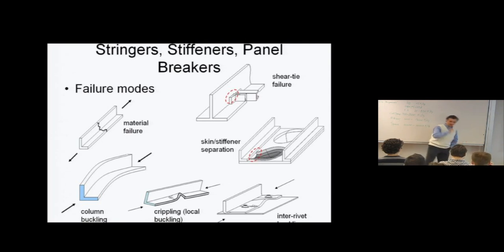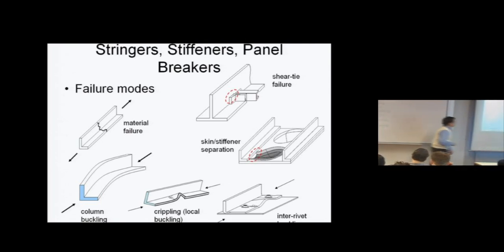We'll cover that in special lectures because it's a bit of a nightmare and extremely important. It occurs quite often. But then you can have an intermediate half wavelength buckling. So this is very short wavelength. And then if your fasteners are separated far enough and your flange is not stiff enough, then it will buckle just between them. And that's inter-rivet buckling.